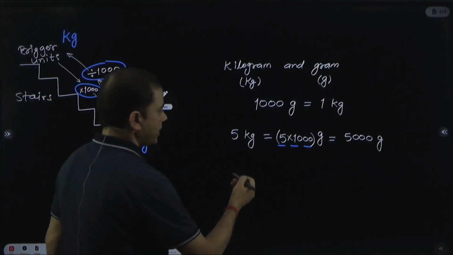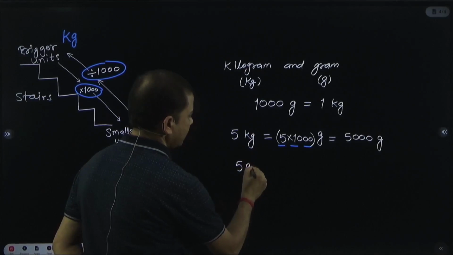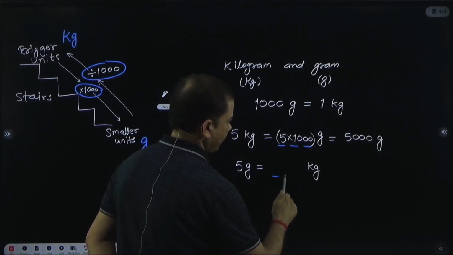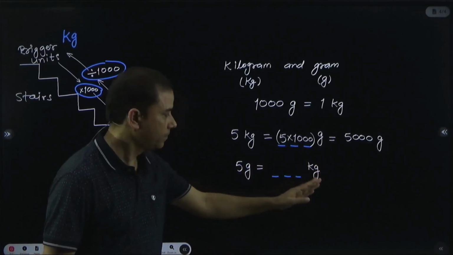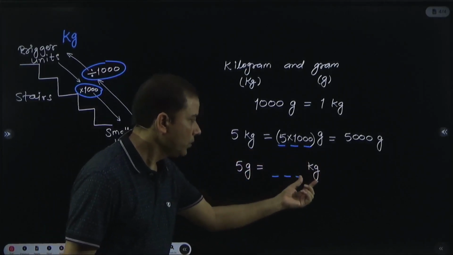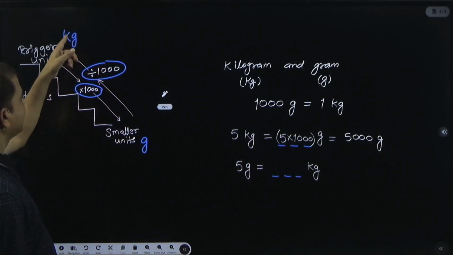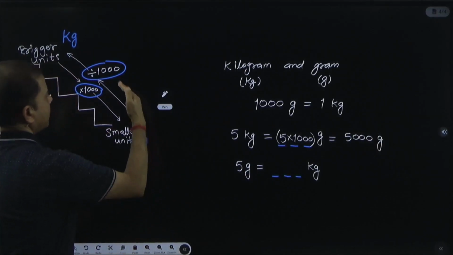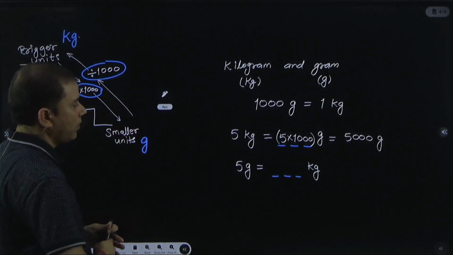Now let's take another example in reverse direction. 5 grams to kilograms. How to? Gram to kilogram. Gram is a smaller unit, kilogram is bigger unit, means we are changing smaller to bigger, right? So what we do?